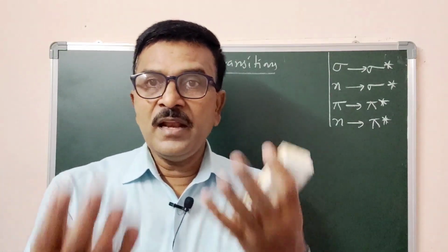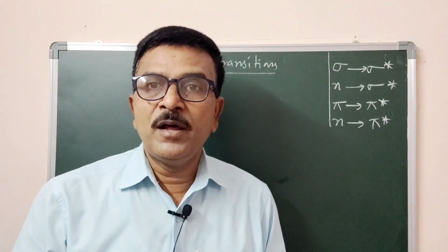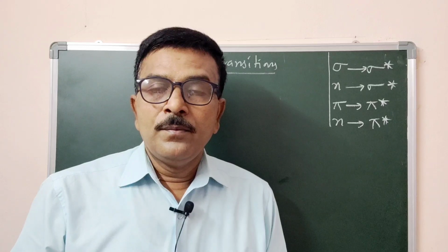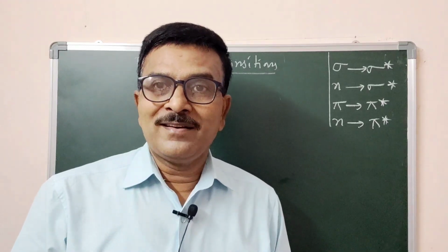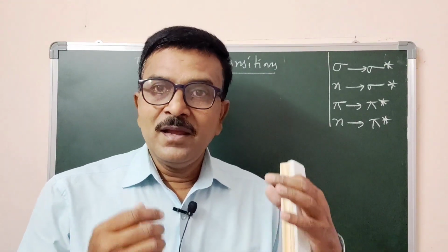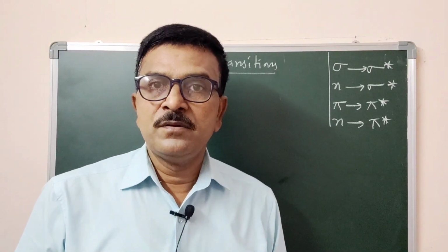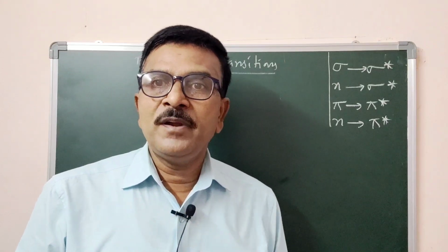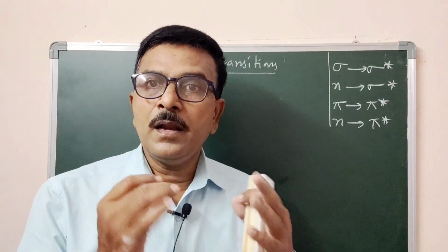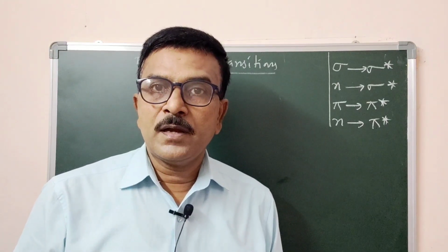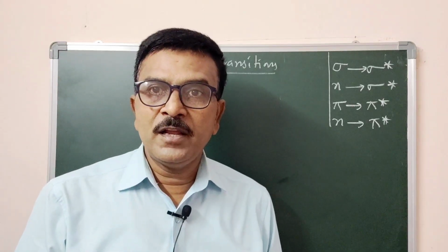So when energy is absorbed by the sample molecule, there are different types of electronic transitions, because every sample molecule has different orbitals. They may be sigma orbital, pi orbital and non-bonding orbital, with their corresponding anti-bonding molecular orbitals.